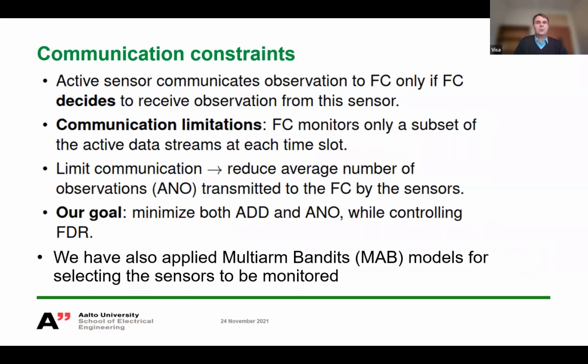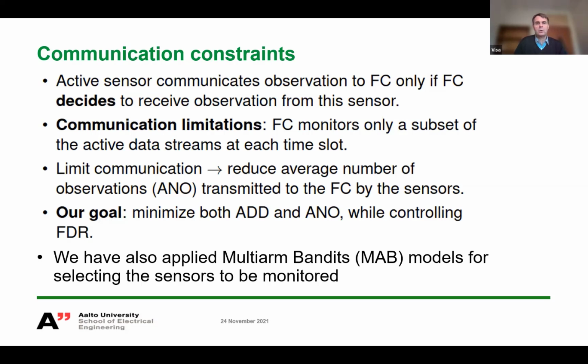Okay, so the sensor will communicate to the fusion center only if the fusion center decides to receive observations from there. The idea here is that we will just monitor a subset of sensors, and the subset of sensors is selected so that the posterior probabilities of change are very high for those sensors.